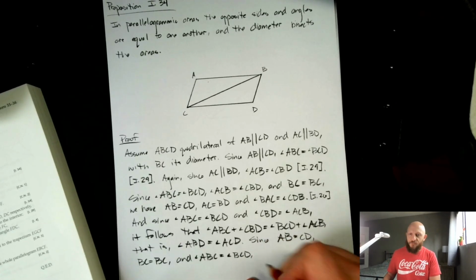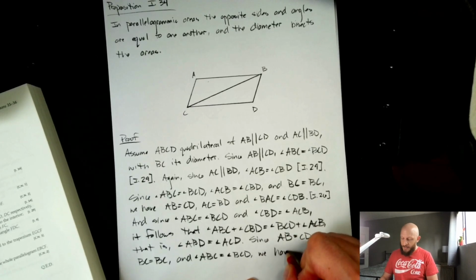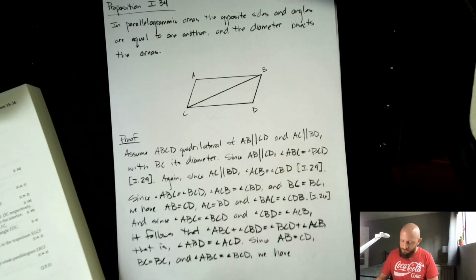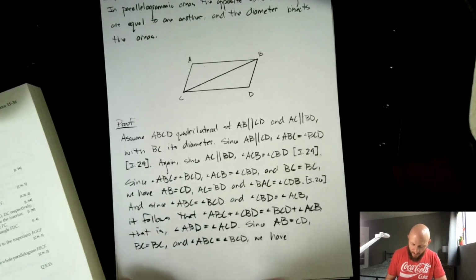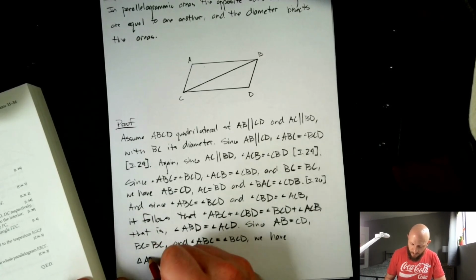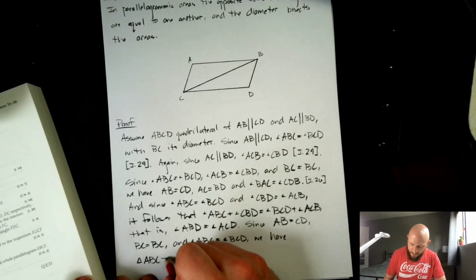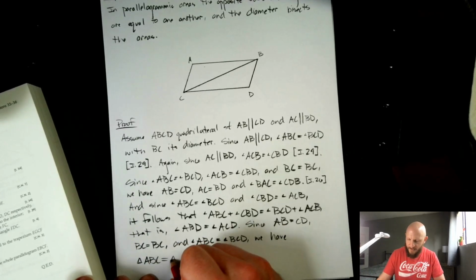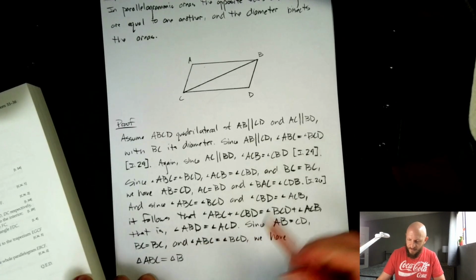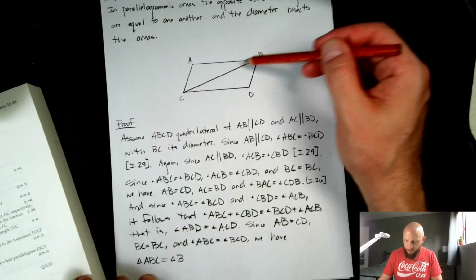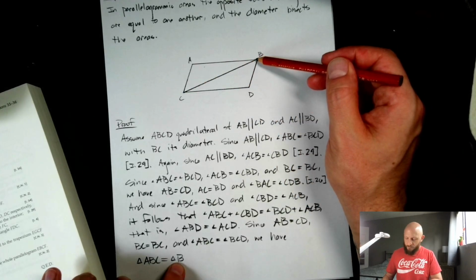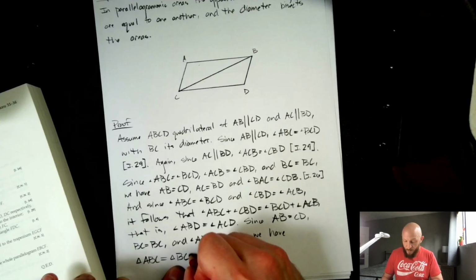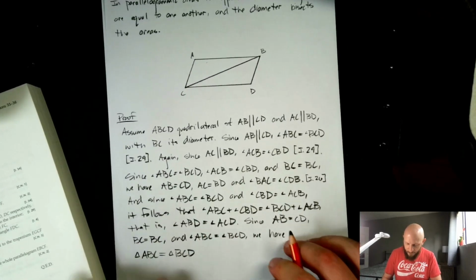We have the whole conclusion of Prop 4, but the main one that we need right here is that the triangles are congruent. Triangle ABC is congruent to triangle BCD. Let's see, I better make sure ABC is equal to BCD. Yeah, they're congruent, which is by Prop 4.